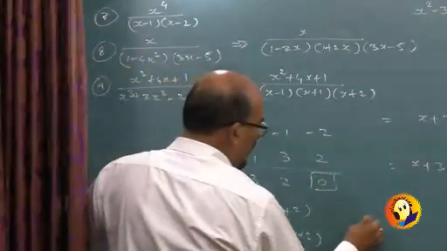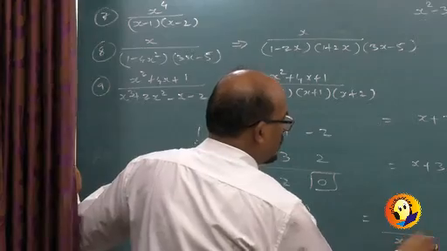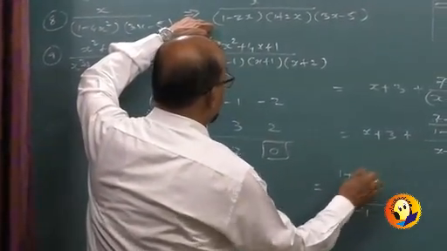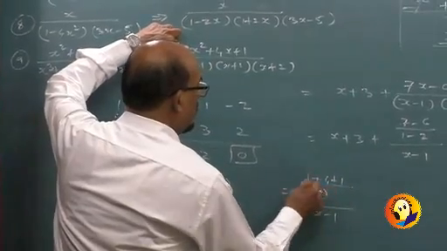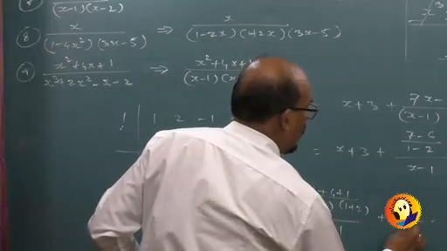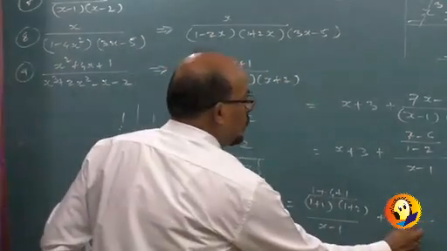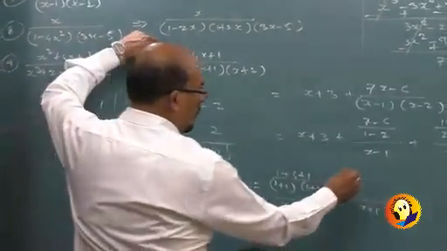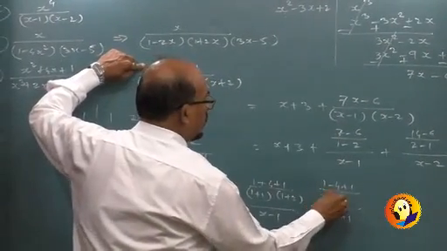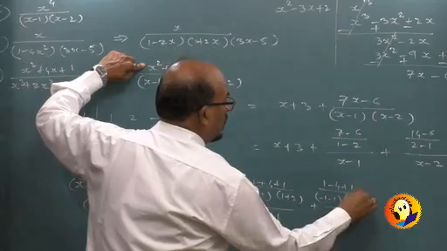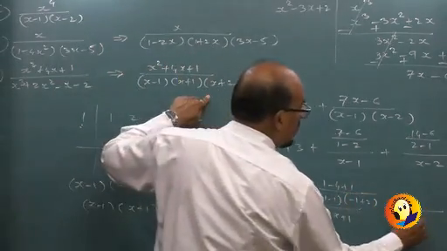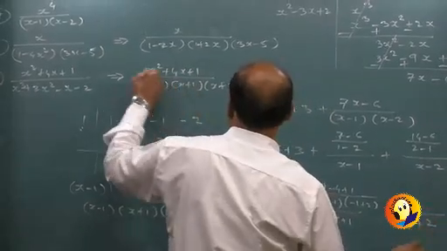And then that can be directly written as numerator of x minus 1, put x equal to 1 everywhere except this. So it is 1 plus 4 plus 1 upon 1 plus 1 into 1 plus 2, plus x plus 1's numerator, x equal to minus 1. So it is 1 minus 4 plus 1 upon minus 1 into minus 1 plus 2, plus numerator of x plus 2, x equal to minus 2.